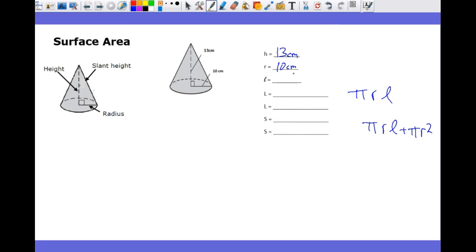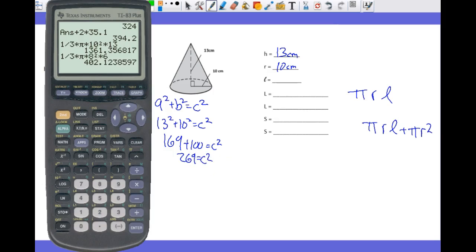We have to use Pythagorean's theorem. a squared plus b squared is equal to c squared. 13 squared plus 10 squared is equal to c squared. 169 plus 100 is equal to c squared. 269 is equal to c squared. Take the square root of that.